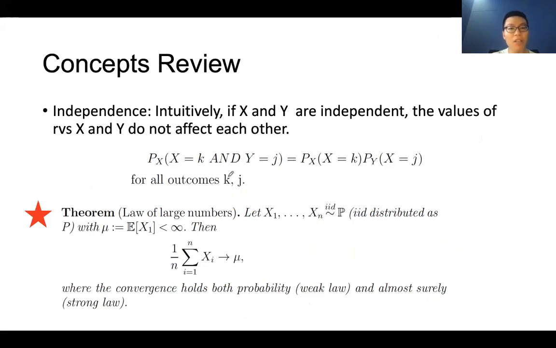So how do we think about this mathematically? Statisticians think about it this way: the probability that X equals k and Y equals j is the product of P_X and P_Y. So P_XY is just the multiplication of P_X and P_Y, which means that X and Y don't affect each other.